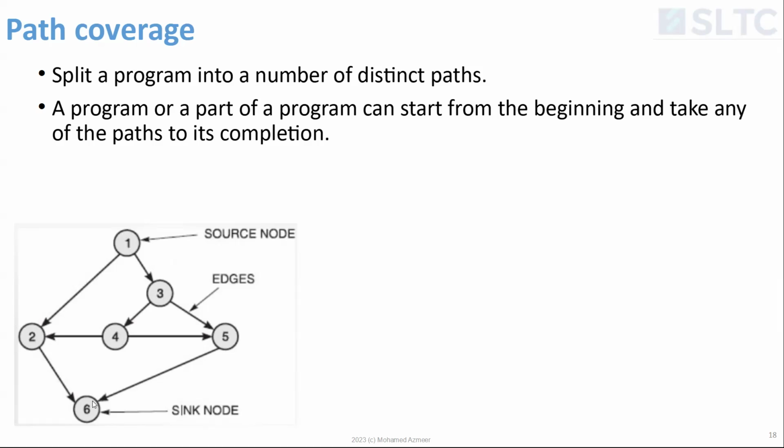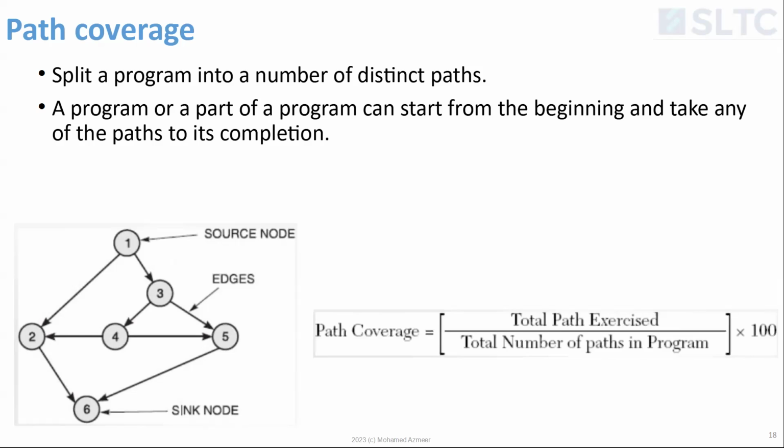So path coverage is now you need to have some sort of a percentage and say, okay, I have 100 paths, different ways of going. And out of that, you are only exercising, let's say 50. It's again a percentage, right? So just like before, total number of paths in the program and total paths exercised, right?